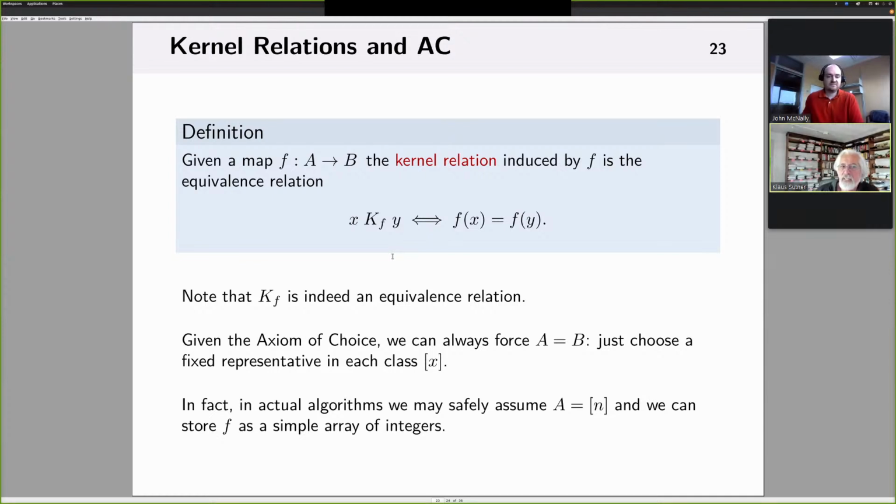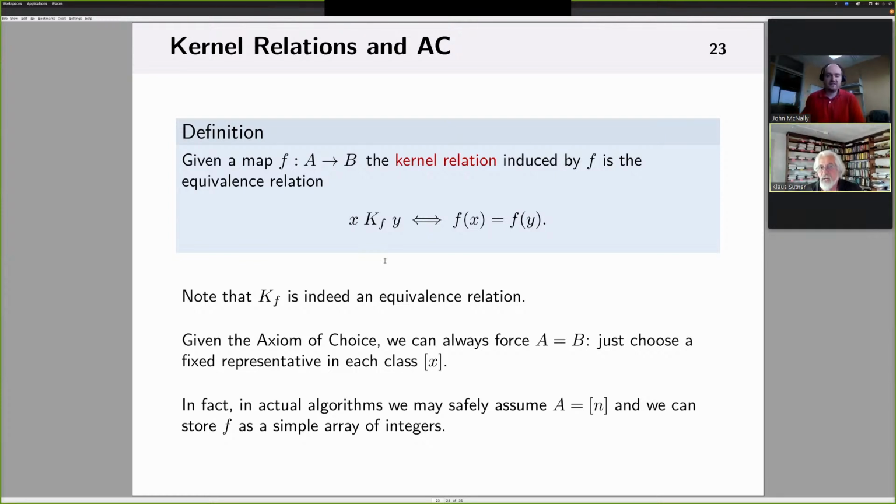And then the insight is, you don't have to do something complicated. You don't have to go into a difficult set B. You can just replace B by A. You can choose a function that maps elements of A to elements of A, and that describes the equivalence relation. And interestingly, if you want to do this in general, the way you do it in math, that requires the axiom of choice.